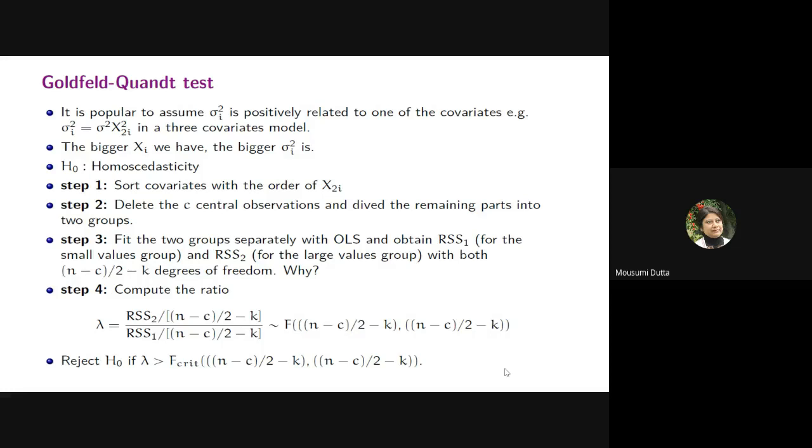if C is too large, within bracket, so that RSS1 and RSS2 have very few degrees of freedom. Bracket close.